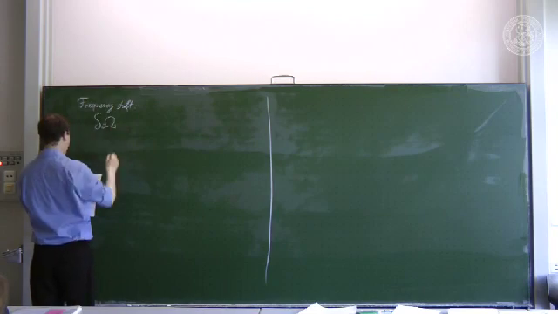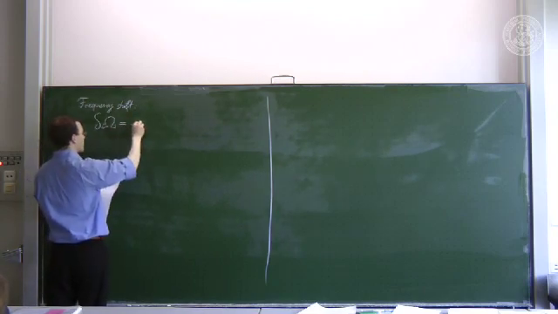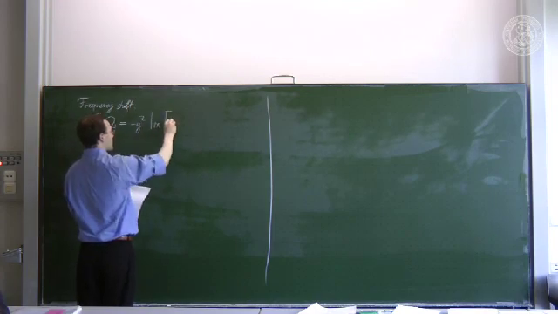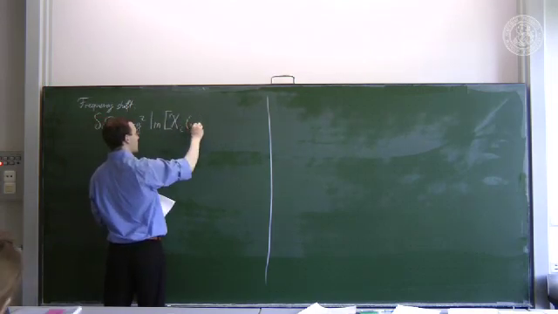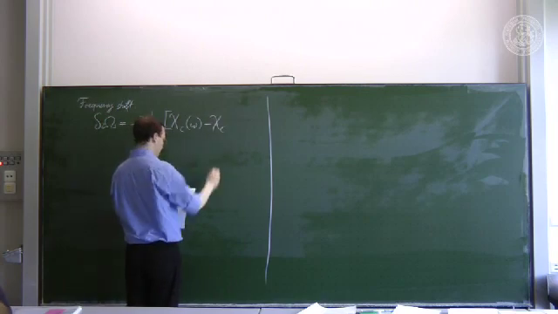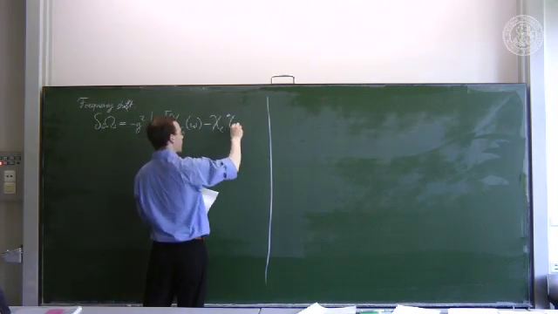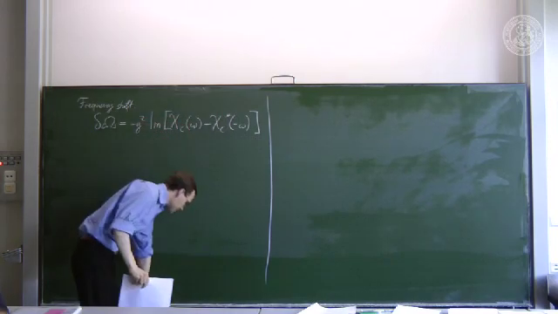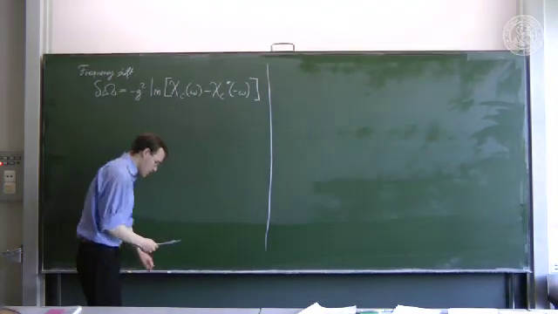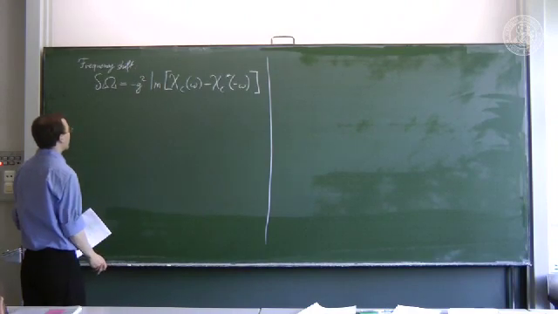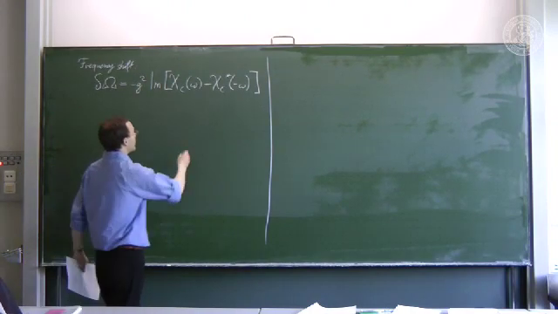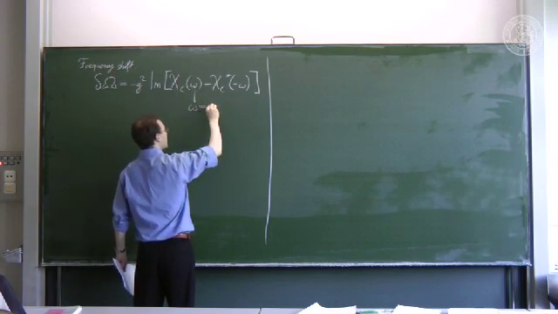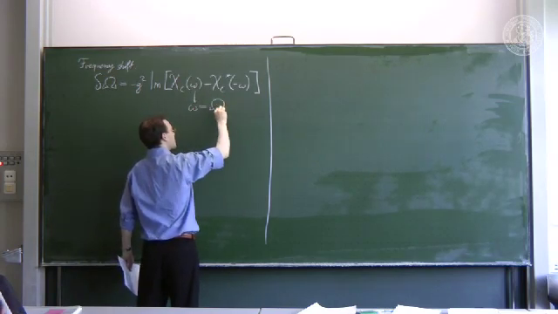So delta omega would be minus g squared times the imaginary part of this difference, which we already discussed. And again, I would have to insert frequency equals the resonance frequency.